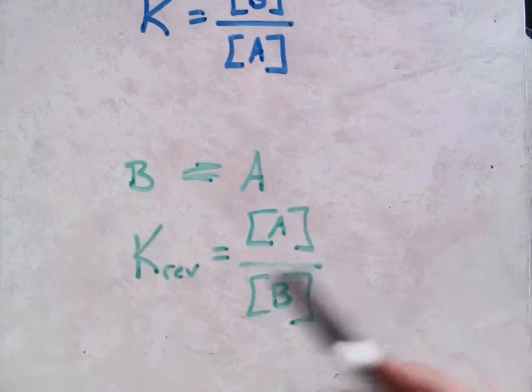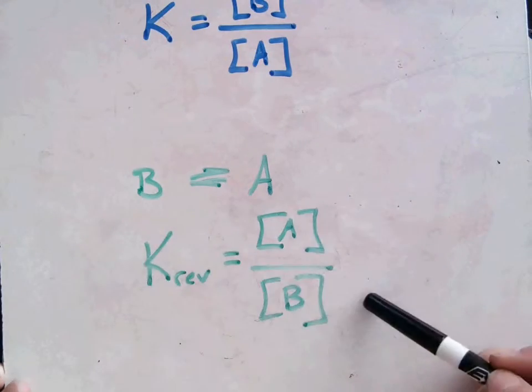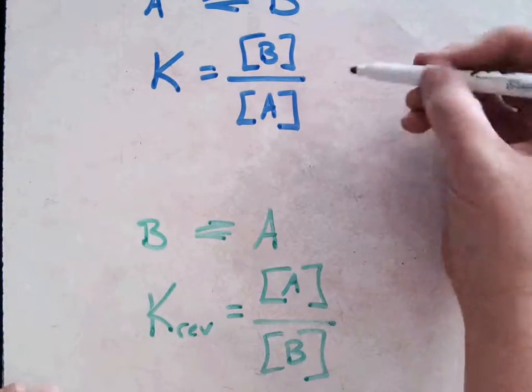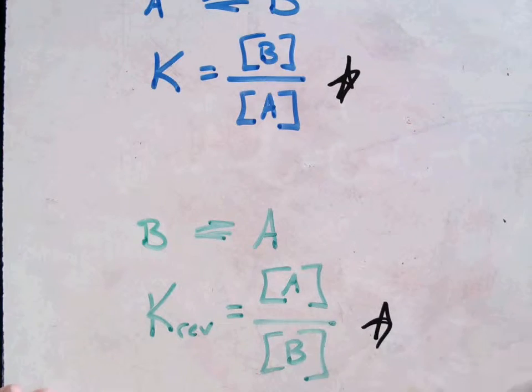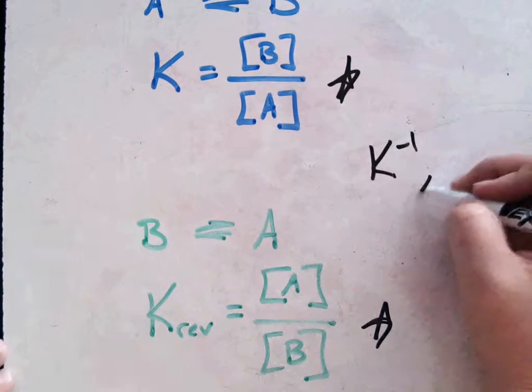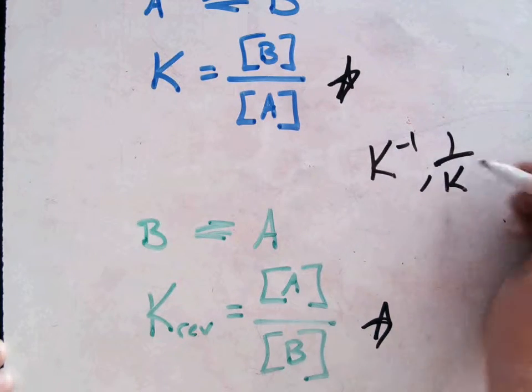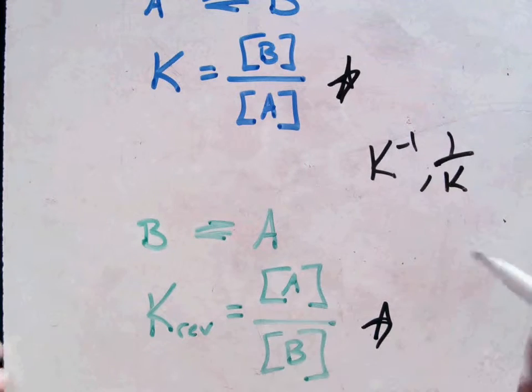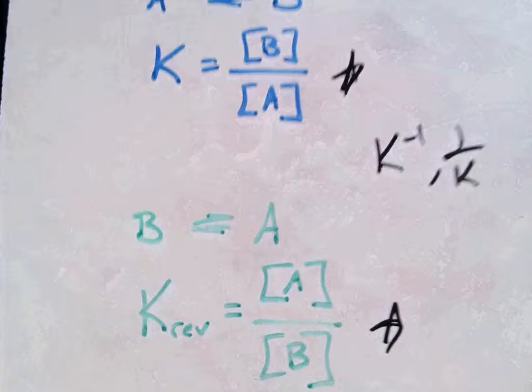So check it out. Now it's A over B. Look at how these are related. They're inverses of each other. So maybe you said that you take the K and raise it to the -1, or you do 1 over your original K, and that's your new K. However you said it, they're inverses of each other if you reverse the reaction.